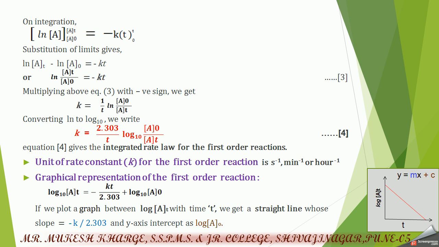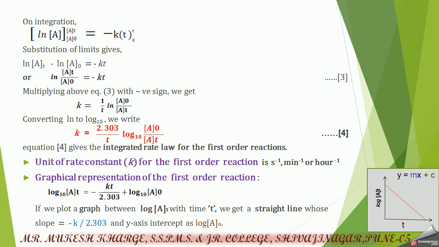So if you plot a graph of log of a0 against t, then you can observe the line and tell me in the comment box where you observe that line. Okay, so this is about the graphical representation.